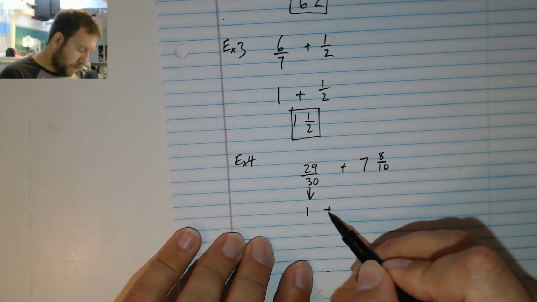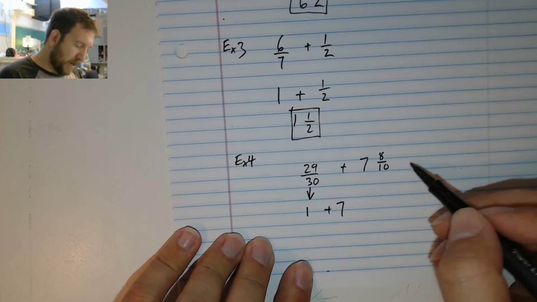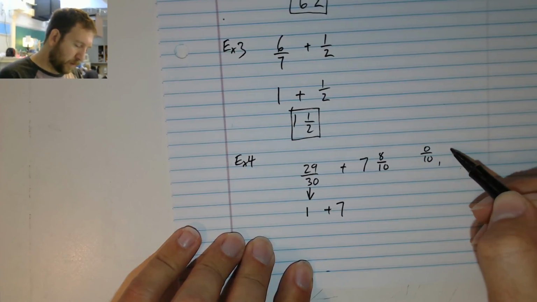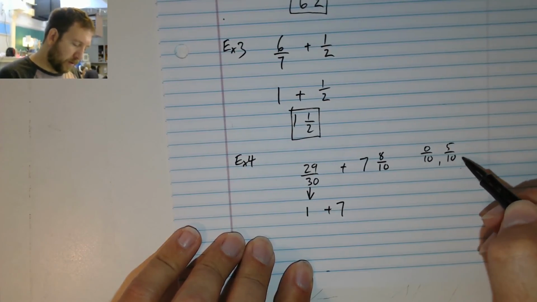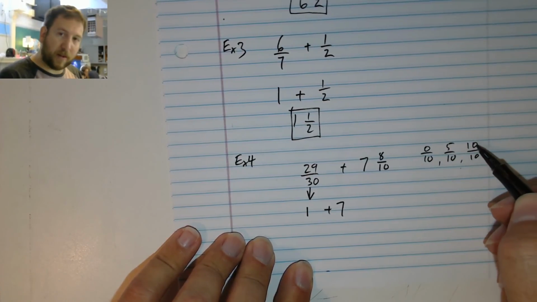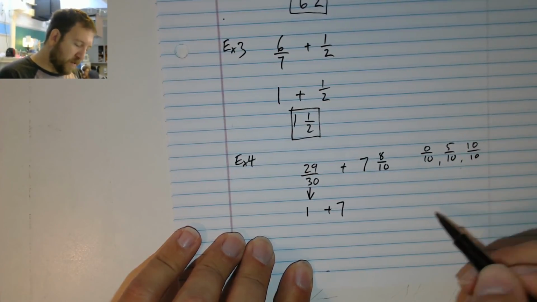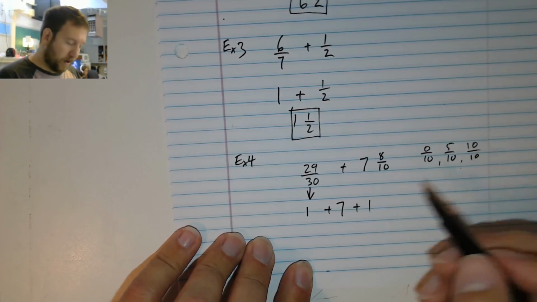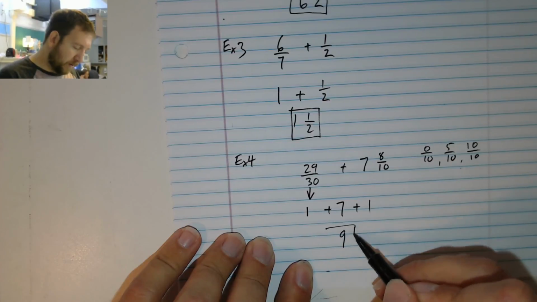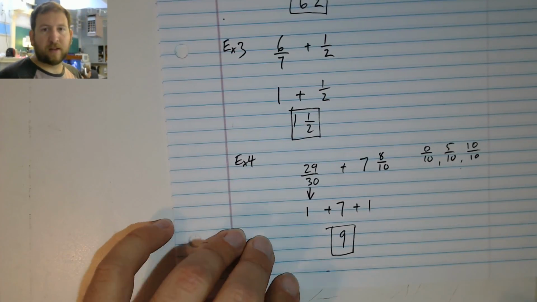I've got my 7 and I've got my 8/10. Now I can do my 8/10 real quick. Look at 0/10, 5/10, 10/10. I can see that 8 is definitely going to be closest to 10, which is my 1 value. So I can do plus 1. So I have 7, 8, 9. So I have for my answer approximately 9.